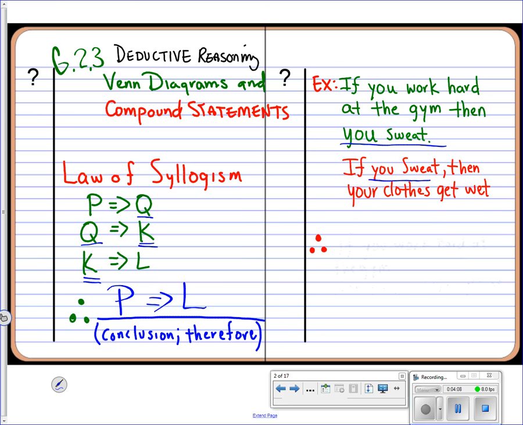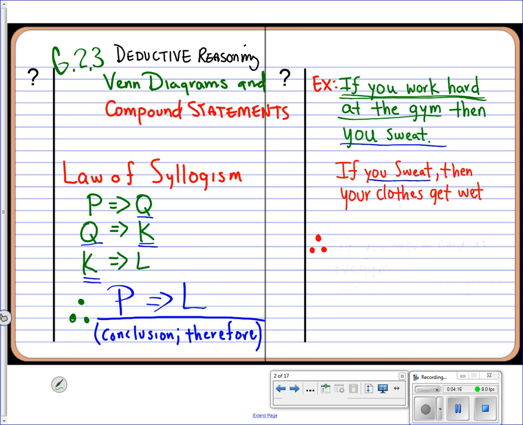Since this stuff matches up, I can take the first thing, if you work hard at the gym, and combine it with the last thing, then your clothes get wet, as a logical sequence.